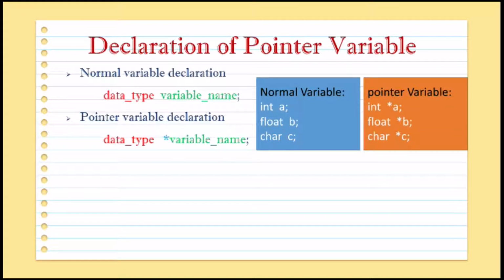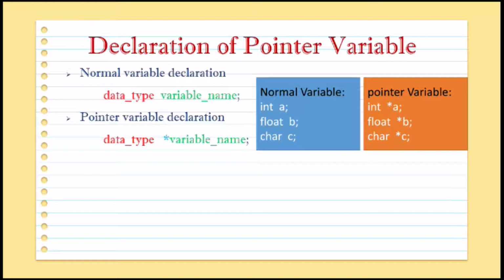Now we will see how we declare pointer variable. To declare integer variable as a pointer, we have to write int then star operator followed by variable name. In this case, it is a.